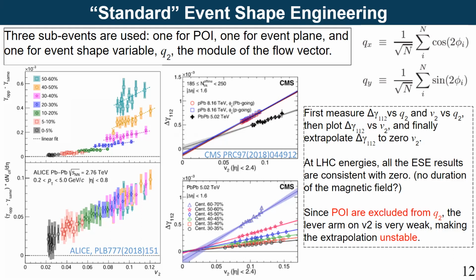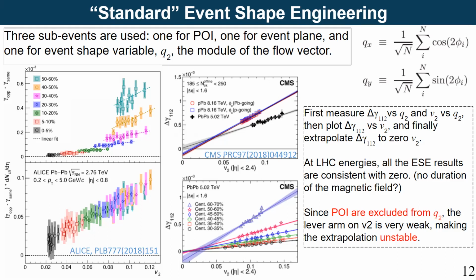In a similar way, but not exactly the same way, CMS did this for finer centrality bins. And again, it's the delta gamma against V2 selected by a separate Q2. The issue with this standard way is that there is a big open blank space between the data points and zero.